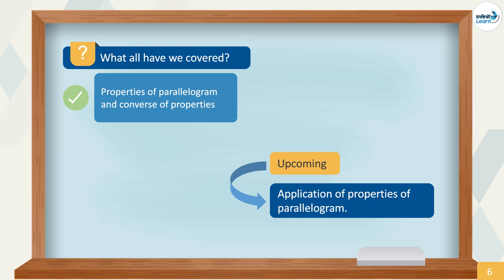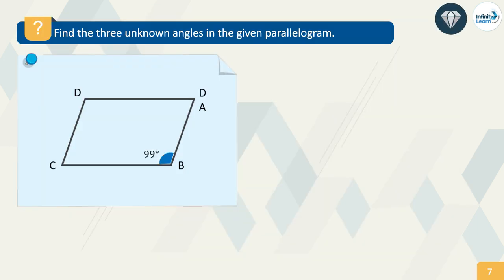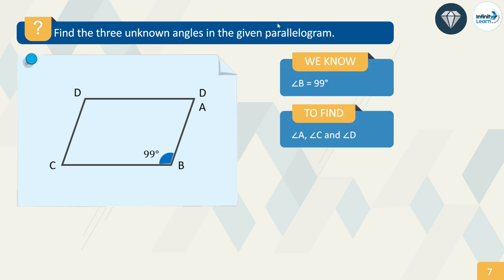Now, what are we going to study? Application of properties of a parallelogram. Three unknown angles we have to find out. Angle B is 99. Opposite angles are equal, so angle D is also 99.